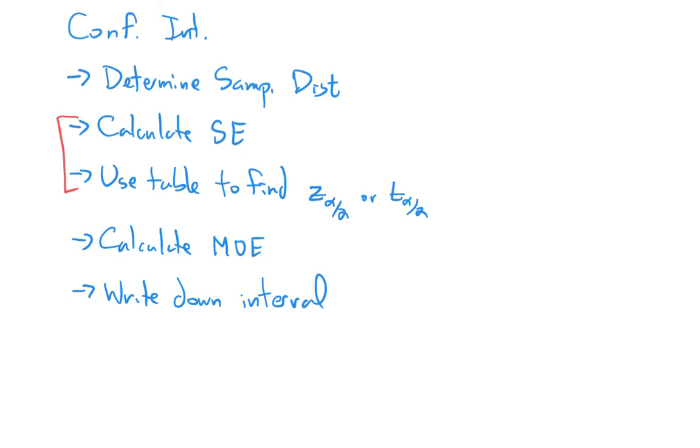Calculate the standard error and use our table to find what we call a critical value, this z alpha over 2 if it's a normal distribution, or t alpha over 2 if it's a t distribution. Once you have that, multiply them together to find your margin of error, and then we can combine them with our sample mean or sample mean differences to find our actual confidence interval. And that's how to make a confidence interval given a sample and some information about the population.